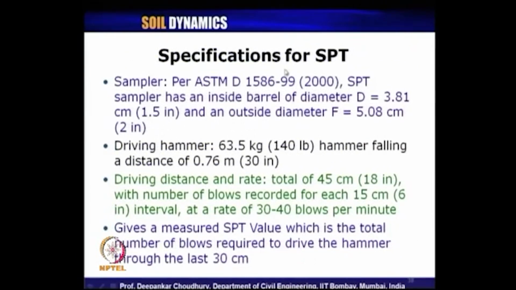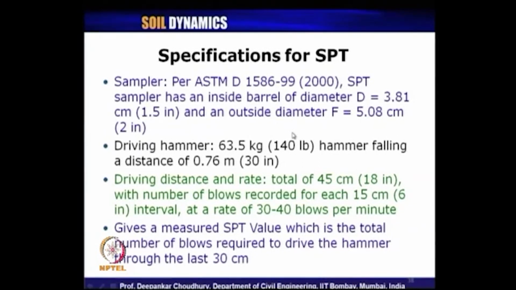So, specifications for SPT as per ASTM standard: the SPT sampler has an inside barrel diameter of about 3.81 centimeter, which is about 1.5 inch, and an outside diameter of about 5.08 centimeter, which is about 2 inch. We know why the sampler dimension also is standardized in terms of inside and outside diameter.